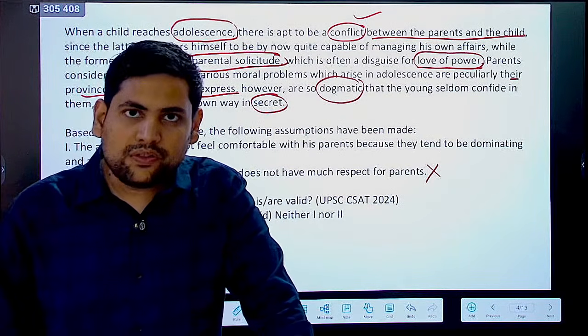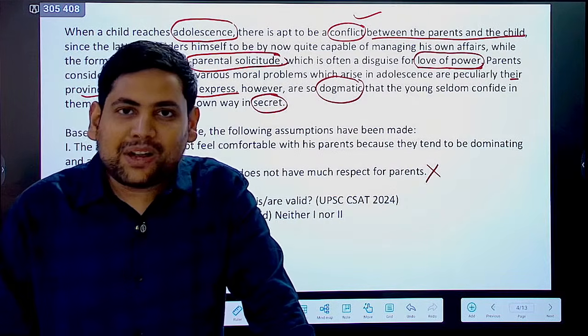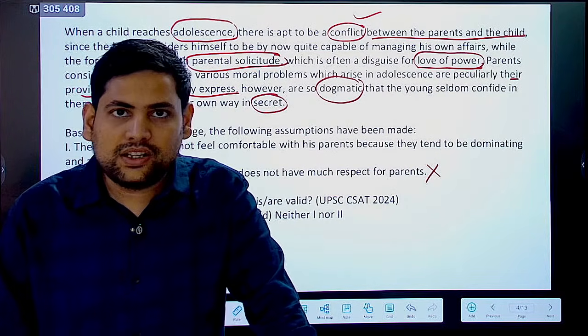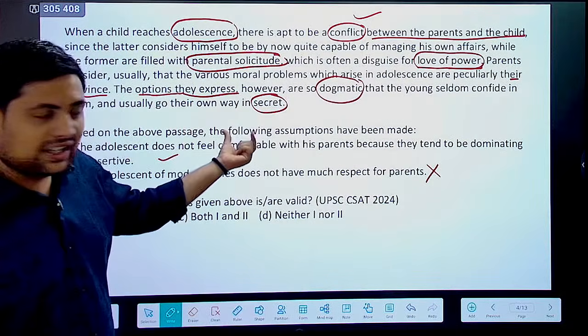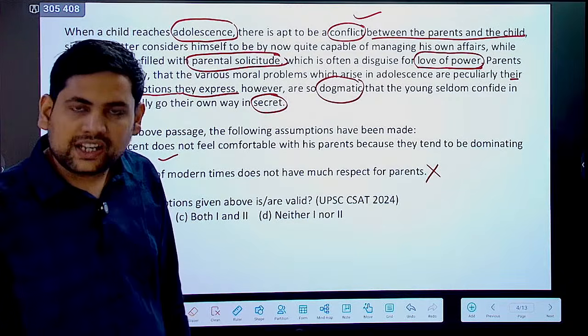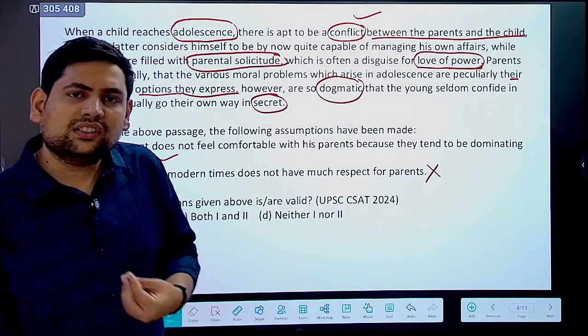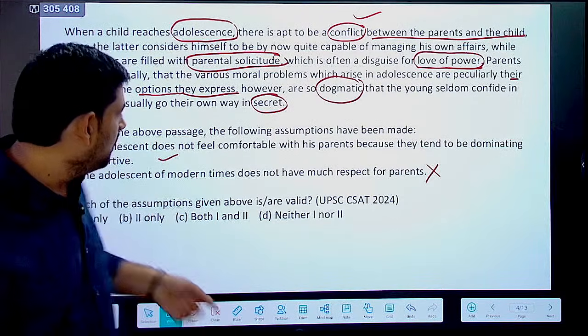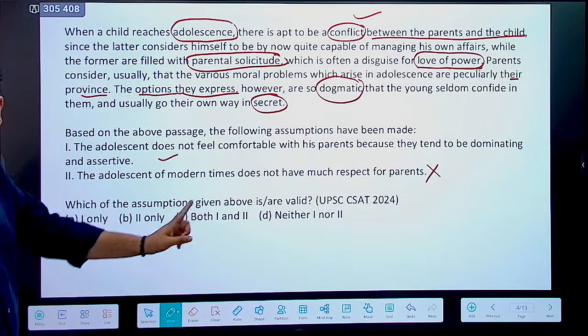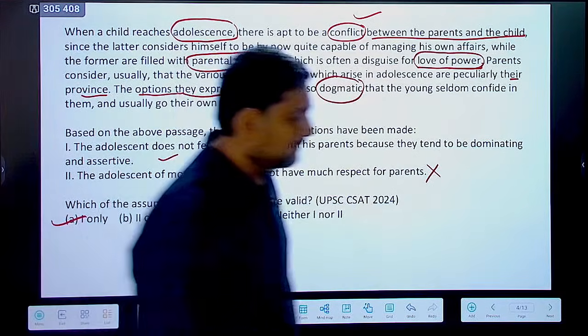Taking agency of your life is not disrespecting your parents. This bifurcation should be clear in your mind. That is why it very clearly says that they take a different path in secret. So he's not going and fighting with them, but he is doing what he thinks according to him is right. So 'does not have much respect for parents' is absolutely wrong. Answer becomes one only.